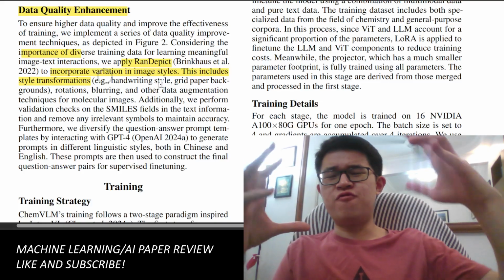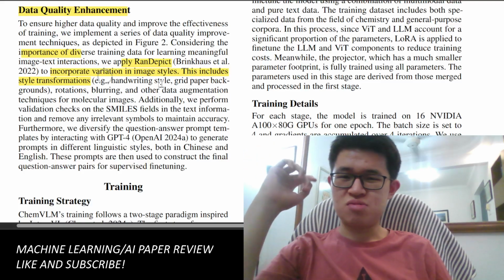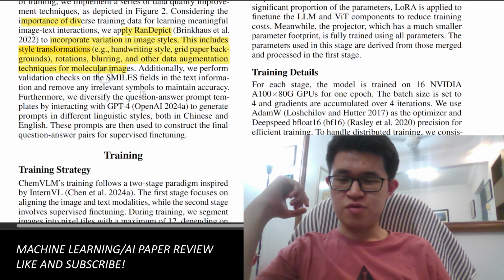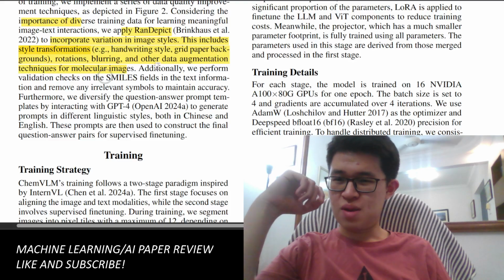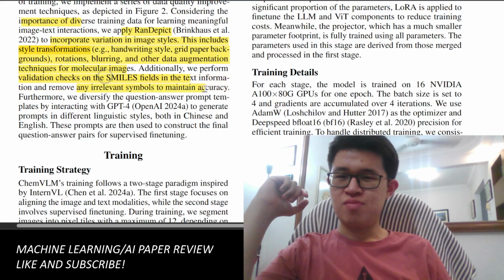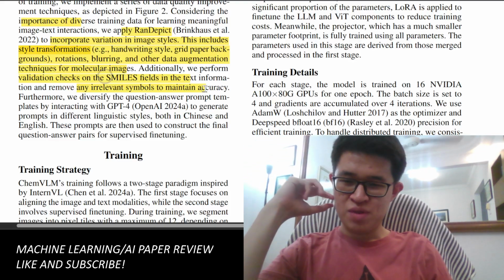Right, so it's different types of image augmentation methods, which is very typical for computer vision. And obviously they have to do validation checks to make sure that the SMILES are actually SMILES.